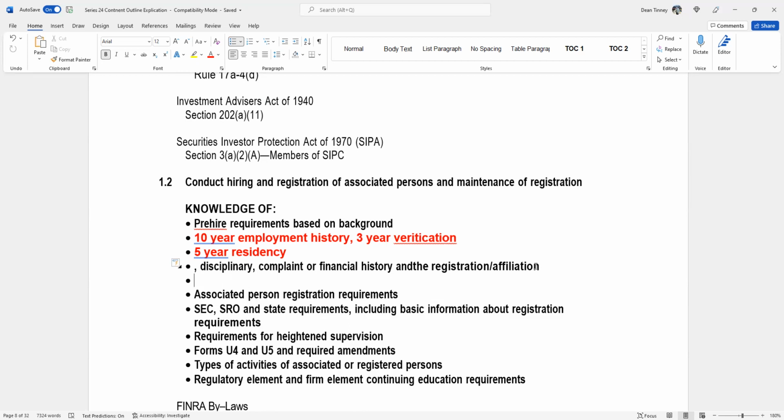And there are some yes answers that are dirtier than other yes answers. And these are 3 reasons for what we call statutory disqualification. So one is: have you been convicted of a felony within the last 10 years?